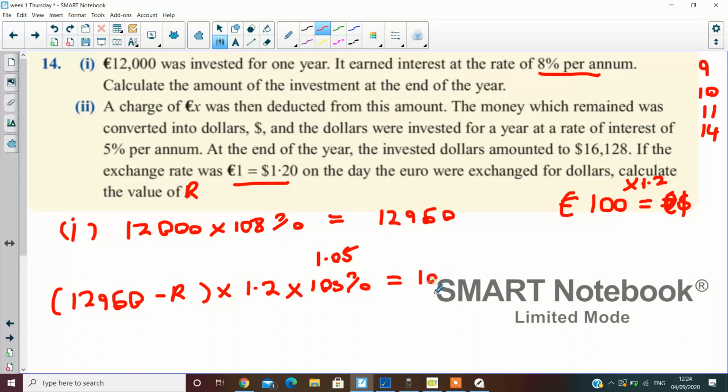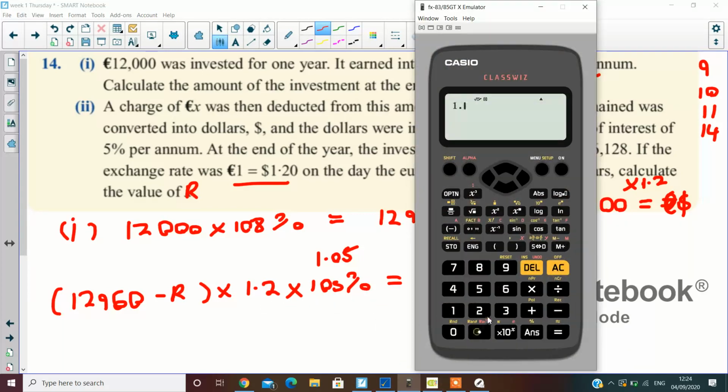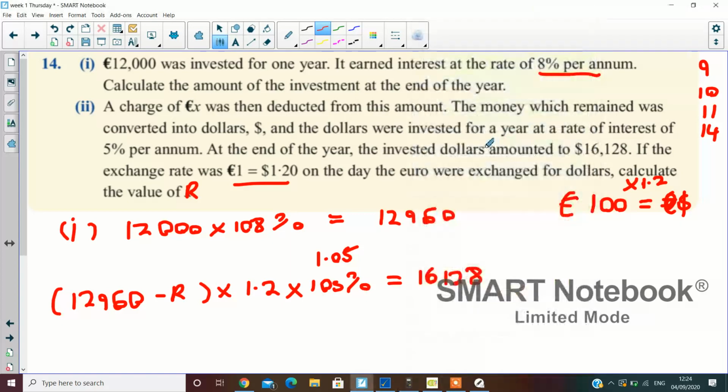Yeah, I get what you're doing there, right? So 2 ways of doing this. First way I'll do it is, what's 1.2 multiplied by 105%? Give me a minute. There's logic here. You can't do the brackets because they're apples and oranges. 1.26, is that okay?